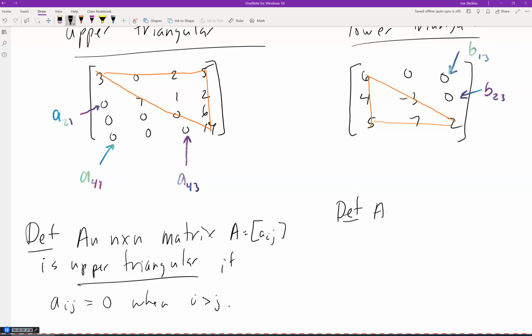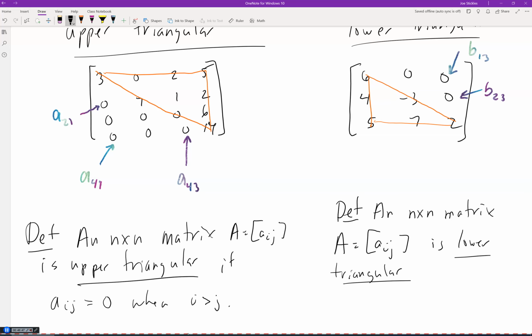So an n by n matrix A is lower triangular if a sub ij is 0 when i is less than j. All right. So that gives you the definitions of these things.